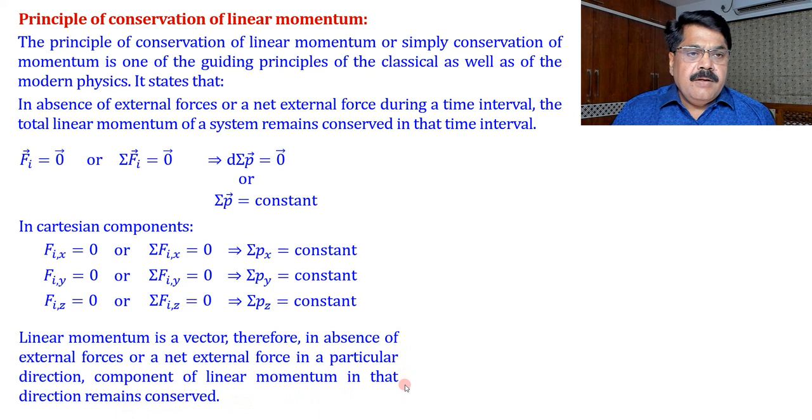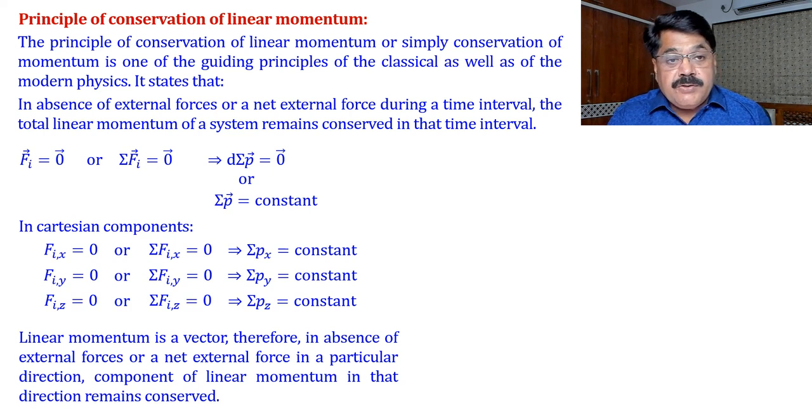Of course, the total linear momentum of the system may or may not be conserved, but if we can find a particular direction in which there is no net external force, the component of momentum in that direction will remain conserved. Sometimes this may be very useful, as we have seen in the stepping out of the boat example, where the horizontal momentum was conserved.